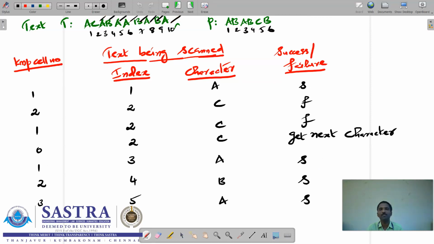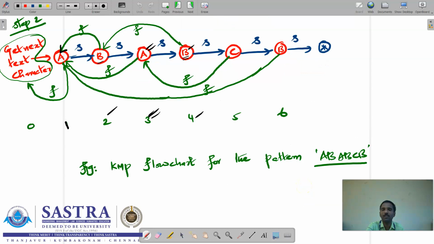because the pattern length is m, pattern length is 6. We have not obtained 6 successful searches continuously, A, B, C, B. Seeing this diagram or trace, here 3 successes.